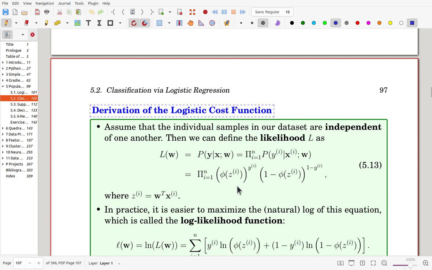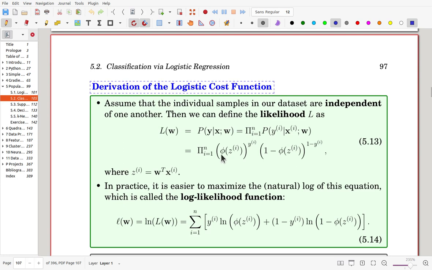That can be maximized when, if Zi is the net input from Xi, phi of Zi is around 1 for label 1, and phi of Zi is around 0 for label 0, then the value will be large. So in that way, we try to find W to maximize this likelihood.